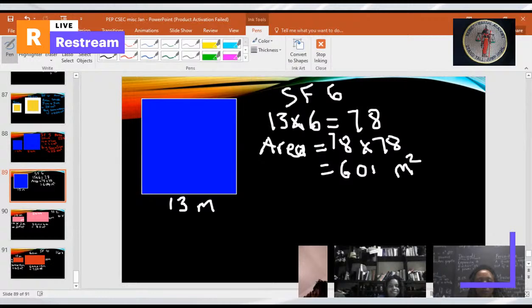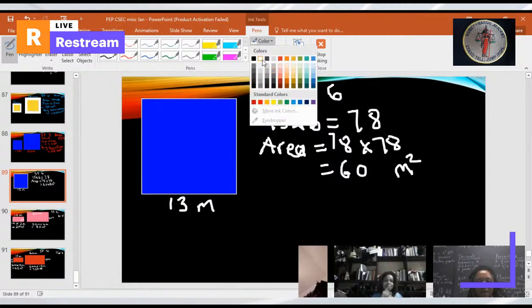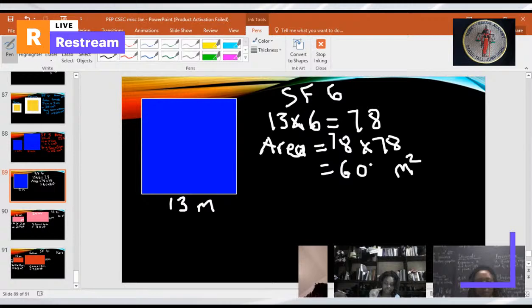I thought I was doing something wrong. No, Miss, 6,084. I said when I got the 6,084, I squared the 13 to get the area of the smaller square, Miss.